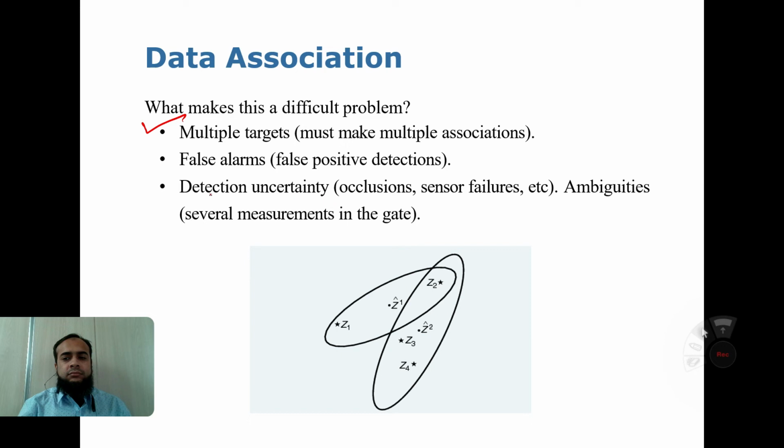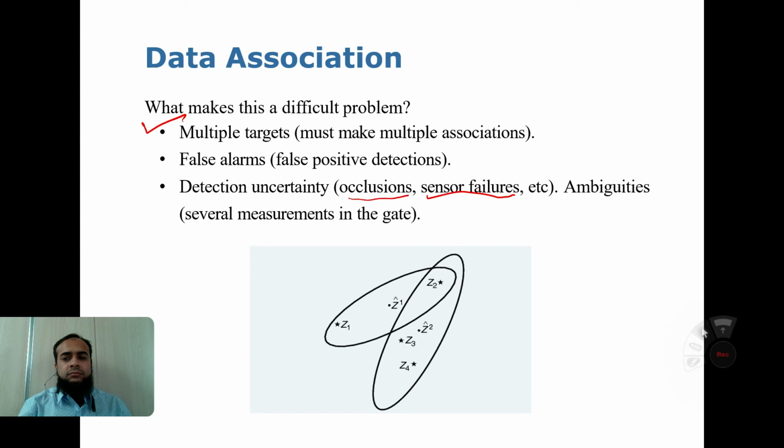Detection uncertainty arises in the occlusion region, due to the occlusion region and sensor failures. Sometimes due to the occlusion and sensor failures, a target may disappear.